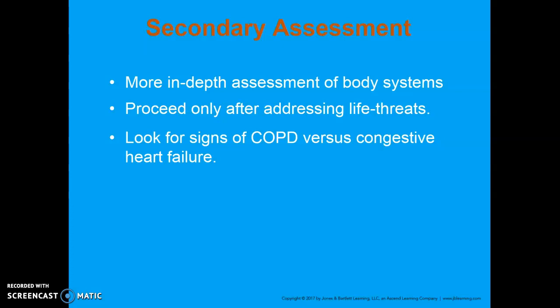Keep an open mind, gather as complete a history as possible, and then you may want to include the respiratory system, cardiovascular system, the skin, the blood pressure, and the neurologic system as part of your secondary assessment. You want to use your monitoring devices if you have them to try and continue to narrow down those differentials into your working diagnosis, or your field diagnosis.